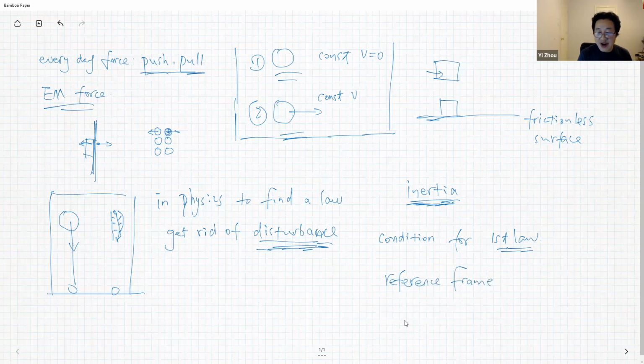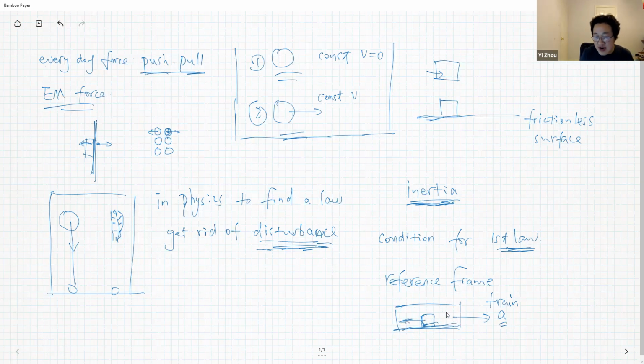Think about if you are in an accelerating car, or if this train is accelerating with an acceleration of a, will an object on the train still obey this first law? It will not. If you use the train as a reference frame, and the ground is frictionless, this object will accelerate to the back of the train, right?